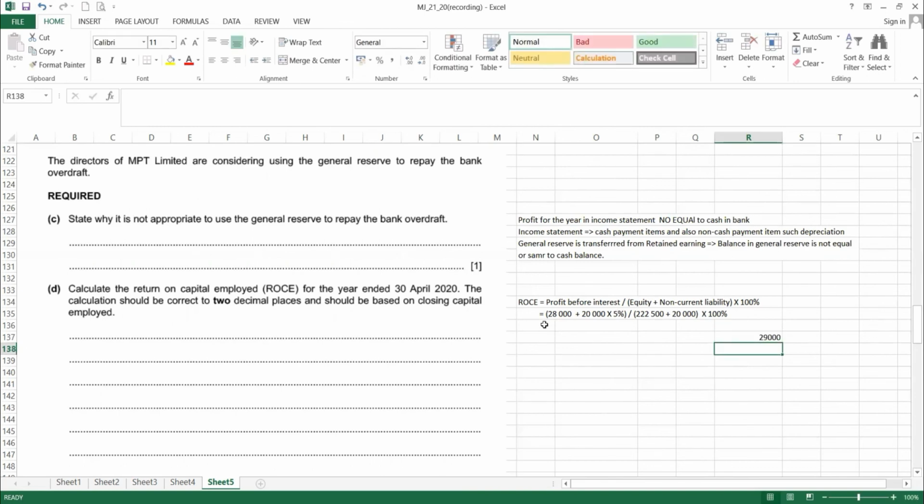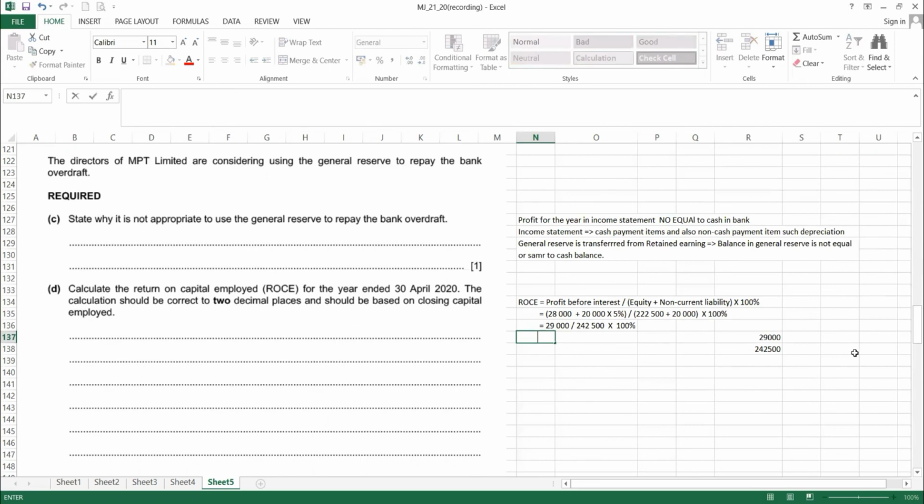So we get 29,000. Then the equity plus the non-current liability, plus 20,000, so we get 242,500.